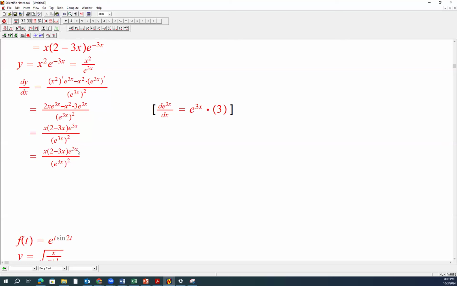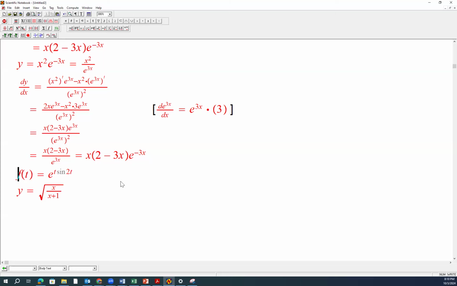So near the end, this will be left with just e to the power 3x in the denominator. And these two are the same. So x times 2 times e to the power 3x, we flip up, it's going to be e to the power of negative 3x. All right. So there are 2 ways to do it.